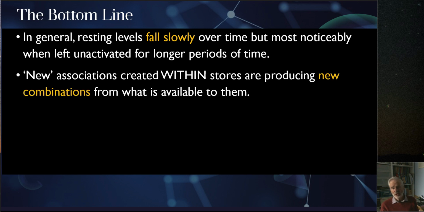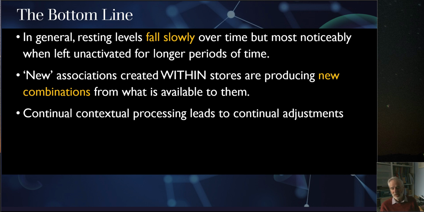And new associations which get created within stores are producing new combinations from what is available to them, so new schemas arise. And there's continual contextual processing which goes on, which leads to continual adjustments. We saw with our Hausa English speaker, even in that short moment, there will be minor adjustments to resting levels as a result of one thing being activated longer than another.